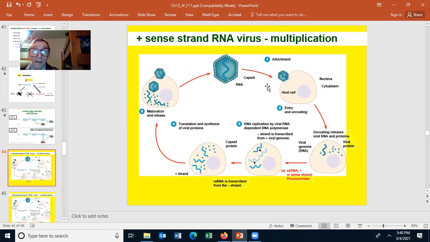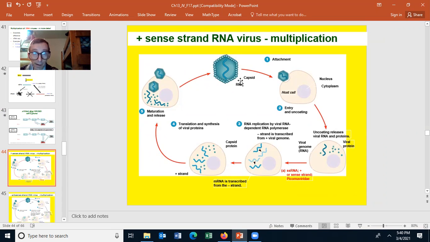Anyways, the virus attaches to the cell membrane, gets inside the cell. The RNA is released into the cytoplasm. This is a positive single-strand RNA, so that RNA can be used as messenger RNA to immediately be translated into viral proteins.